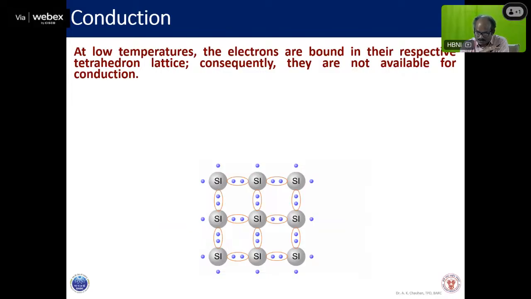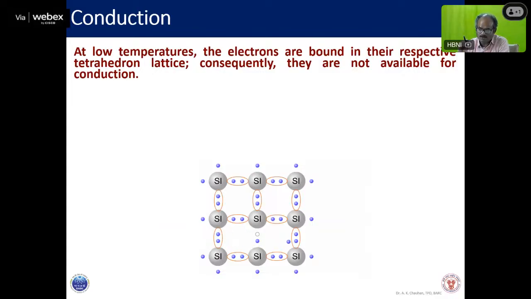So there is absolutely no free electron available inside this structure. Electrons are bound in their respective tetrahedral lattice. Consequently, there is absolutely no availability of electrons.